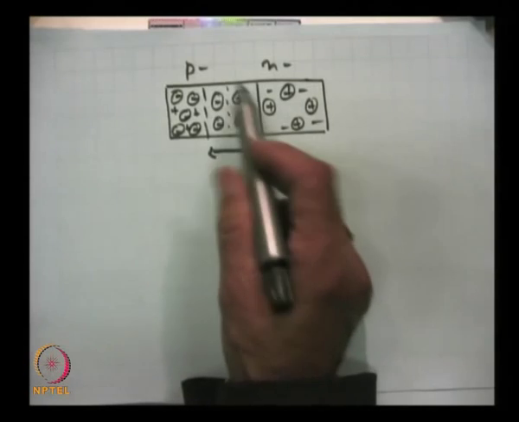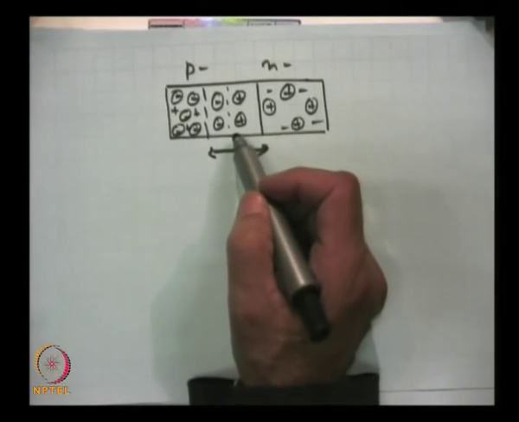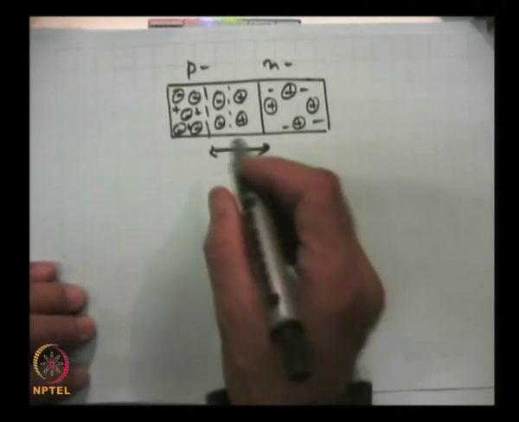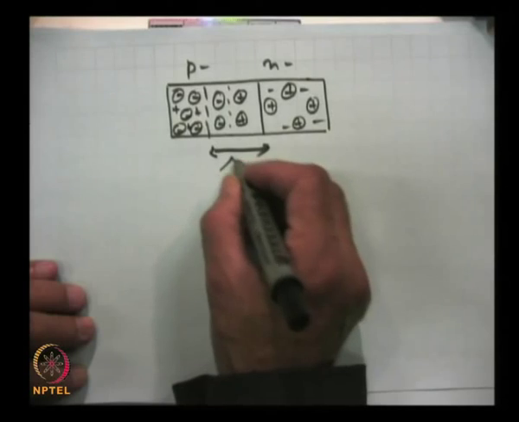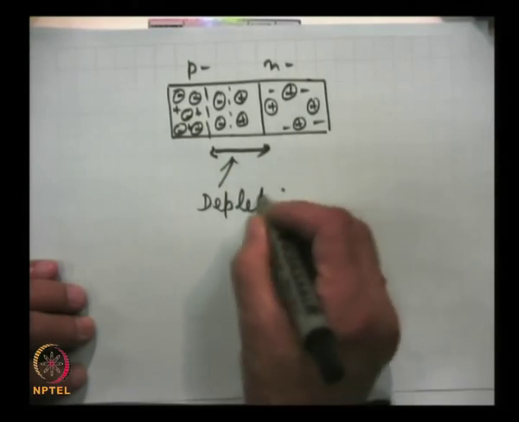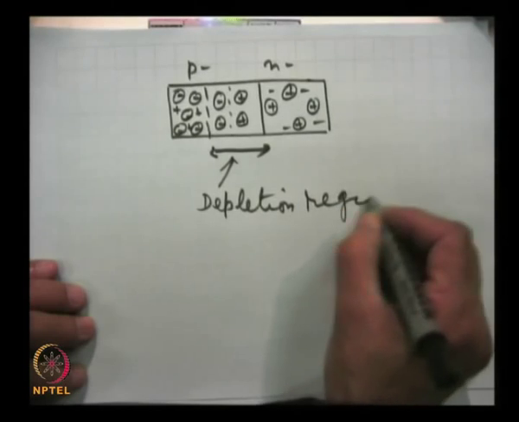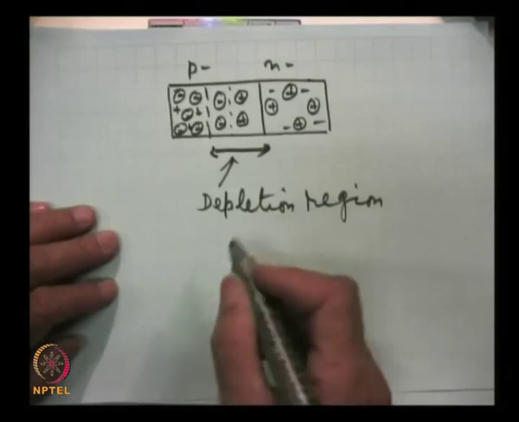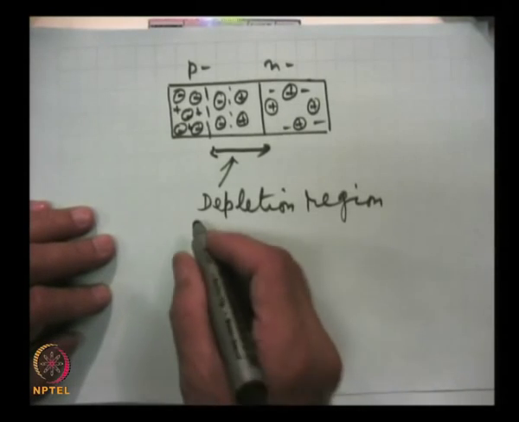So, this region is devoid of mobile charge carriers. It is a high resistivity region and it is called the depletion region.